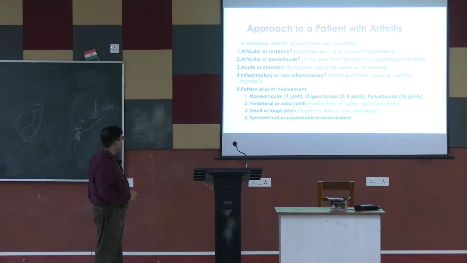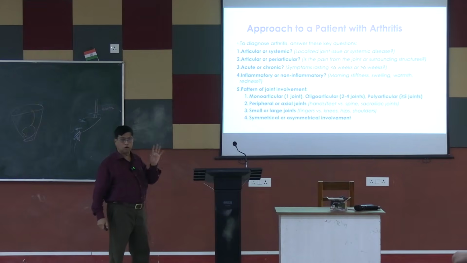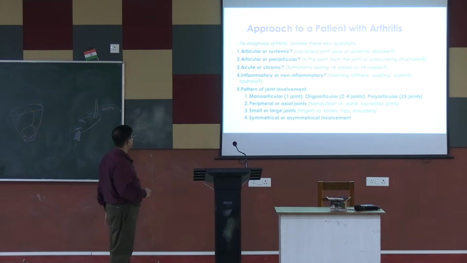But other structures outside the joint, like the tendons or capsules, the structures surrounding the joint, are called periarticular structures. So you will have to determine whether articular or periarticular structures are involved.